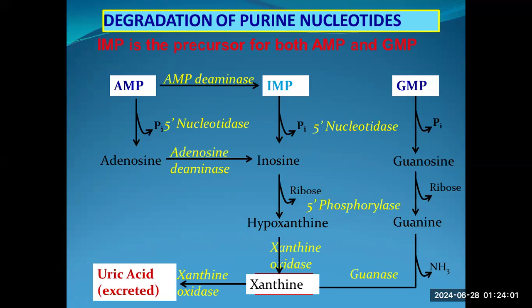And finally, xanthine, in the presence of xanthine oxidase, is converted into uric acid, which is excreted in urine. So remember that the end product of purine degradation, both guanine and adenine degradation, is uric acid, which is excreted in the urine.